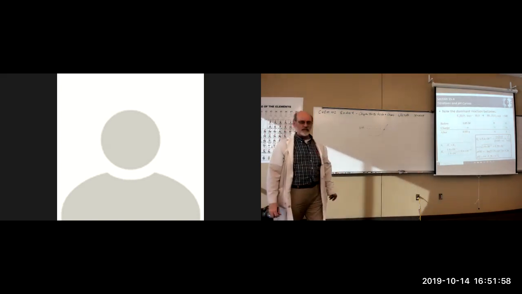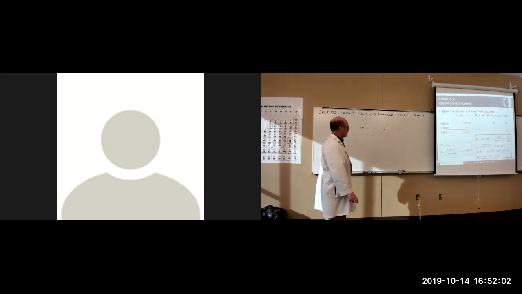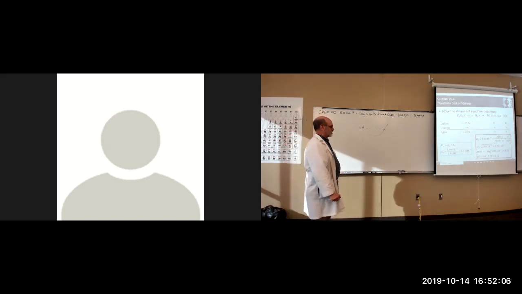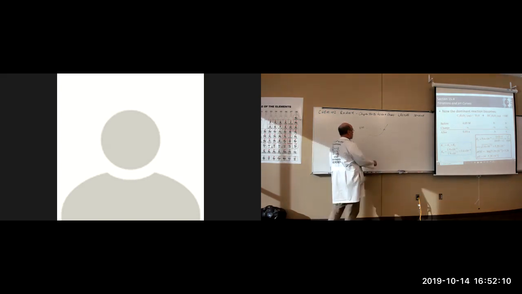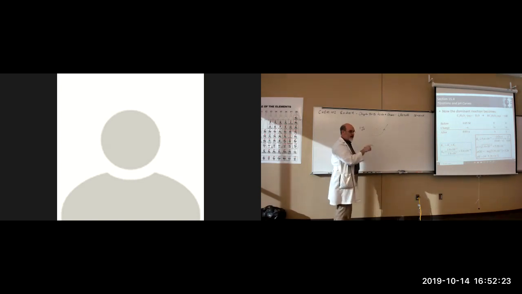Okay, at the equivalence point. Now, why do we need to know that? Well, we're going to talk about it in just a minute, but once you know the pH at which equivalence occurs, then you know where that equivalence is going to occur every time.